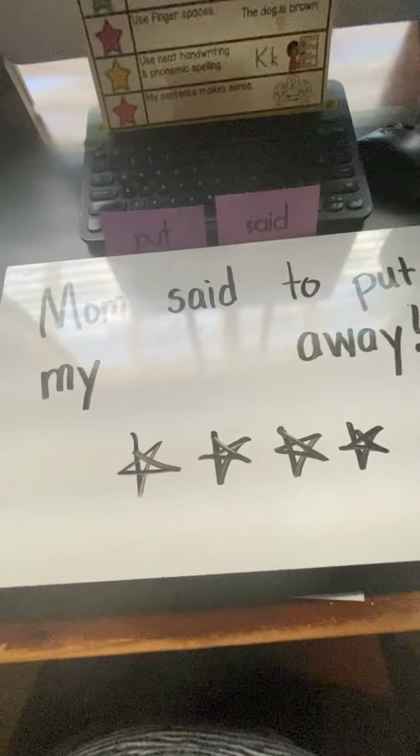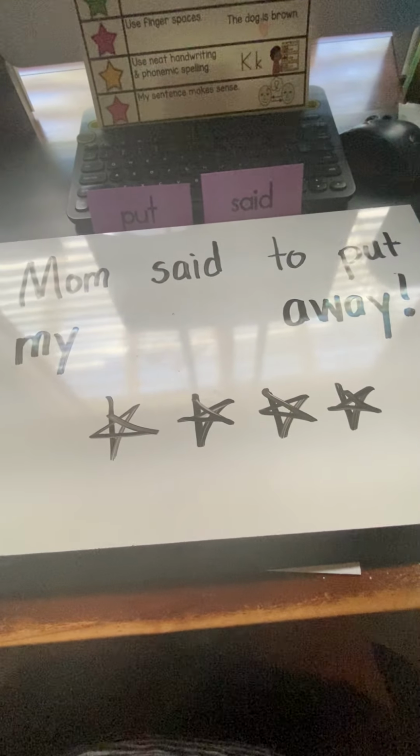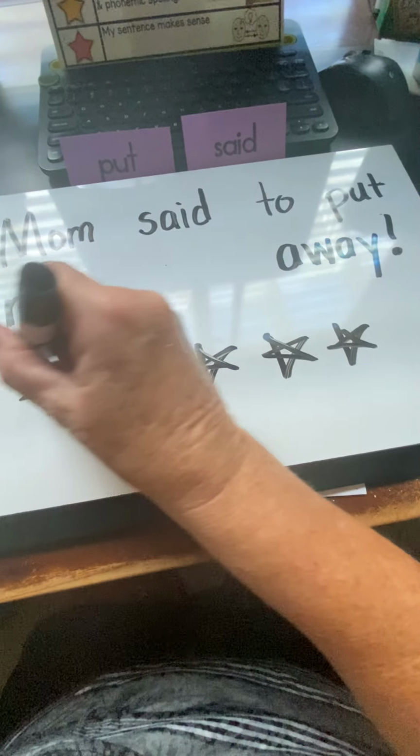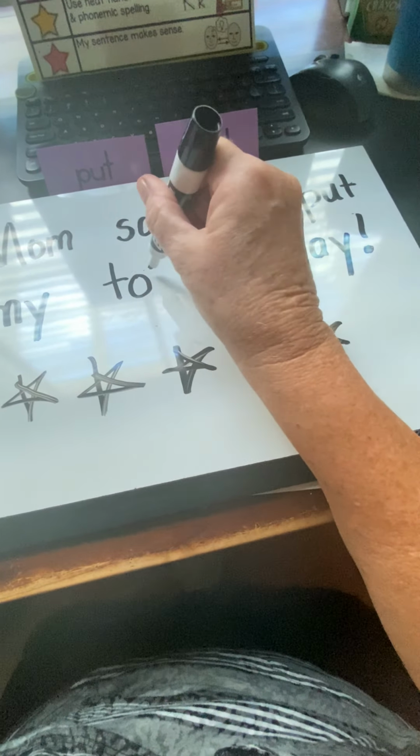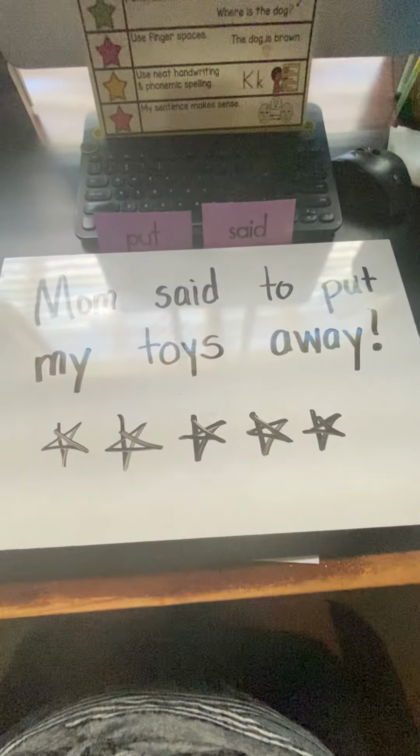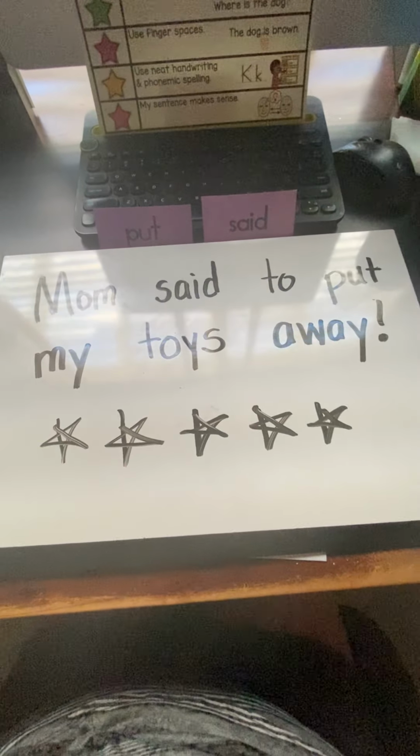Okay, so I gave you 2 little activities. One was to practice words with long O and silent E, and the other thing was to try to write a sentence. I forgot to give myself that 5th star, right? I made sure I better put the word toy back or it won't make sense. My mom said to put my toys away. Now it makes sense, and I got 5 stars.